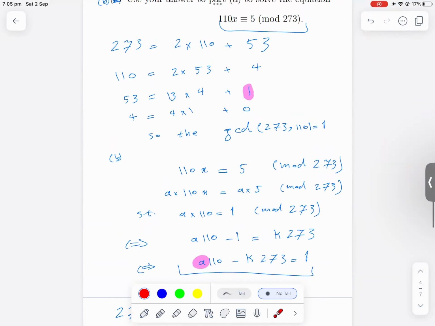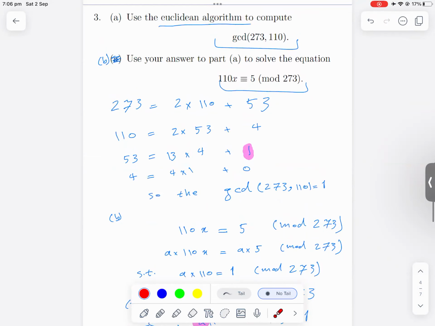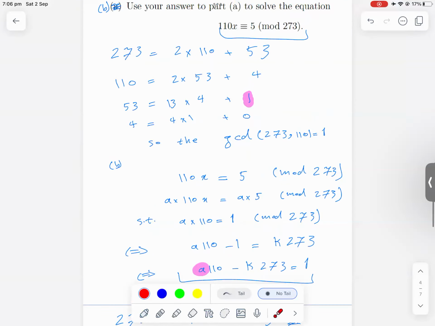Anyway, you will check and do these questions by yourself again, but it is like this. And don't be confused with the quotients. I write the quotients first here. And when I get any dividend or denominator here, 110, I will write the denominator here. 53 comes here, 4 is coming here.